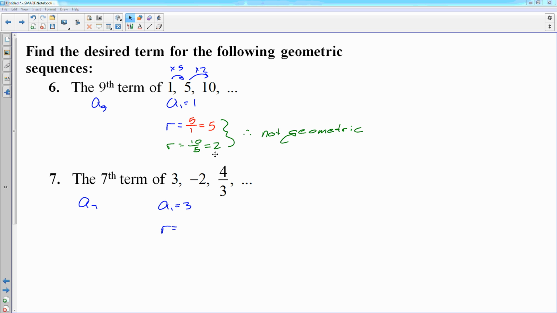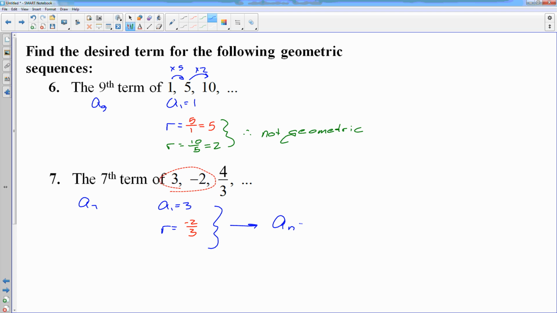All right, so to get my ratio, you simply take any two consecutive terms and you divide them. I will choose -2 and 3 because those are easier. And -2 divided by 3 does not clean up. So I will take that, and my general formula ends up being my nth term is my first term times the ratio to the n minus 1 power.